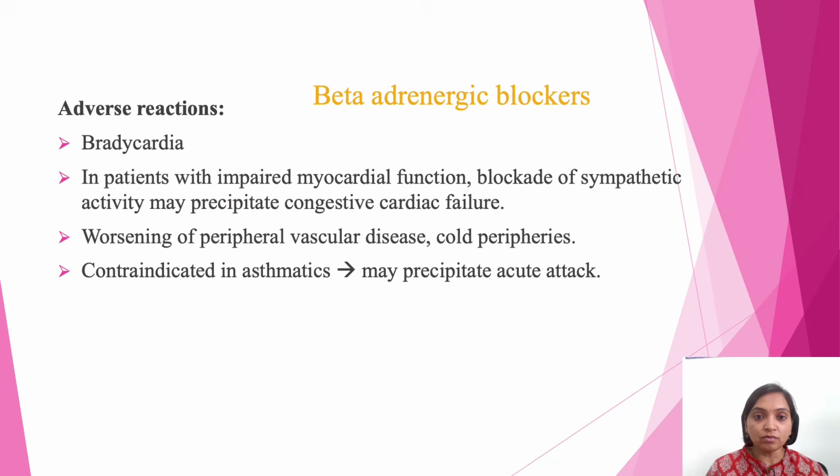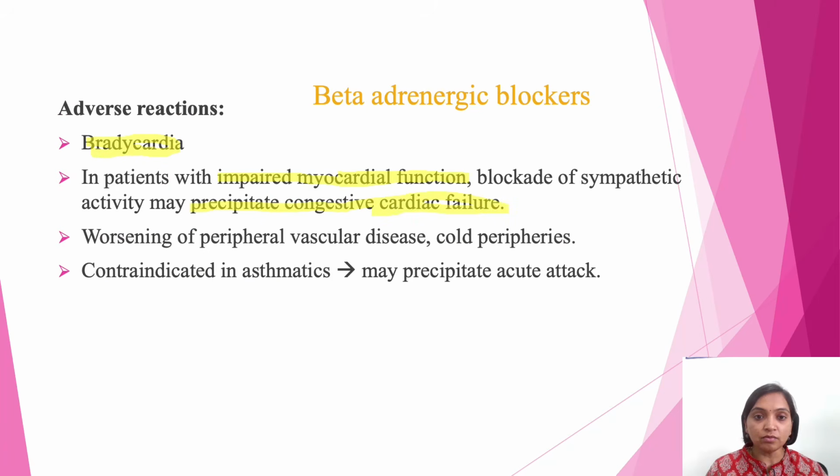Adverse effects: we have seen the action. Beta 1 mediated decrease in the heart rate can cause bradycardia, one of the important side effects, and impaired myocardial function. That is why this is contraindicated in heart block, and it can also precipitate congestive cardiac failure.